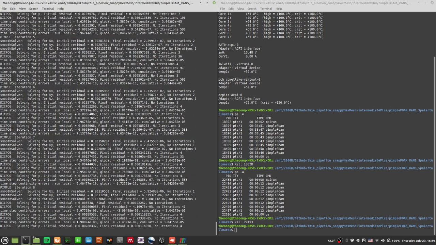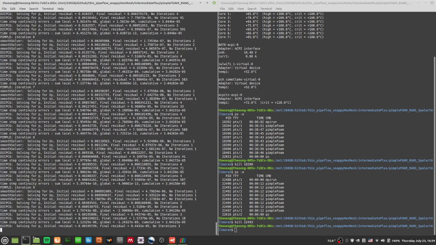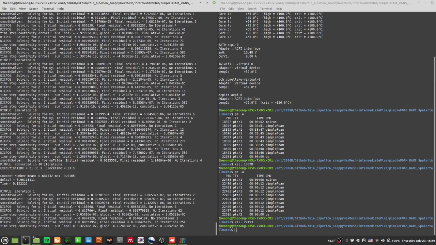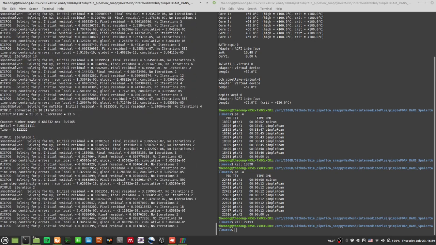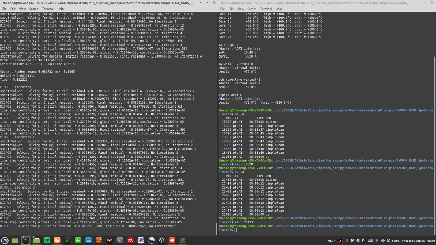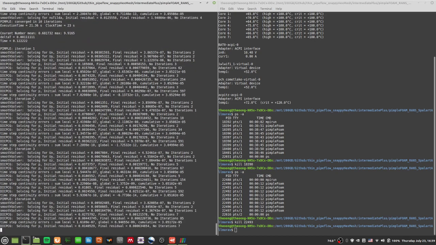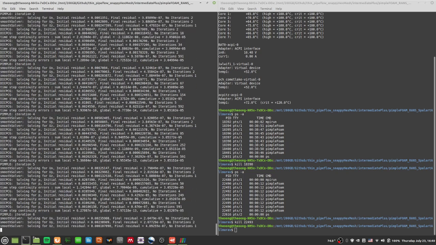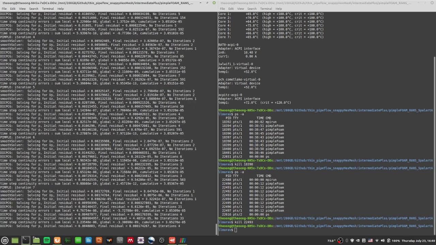In general, when you do real simulations, it will really be like this process of debugging back and forth and trying to get the simulation stable. That's the reality of simulations.